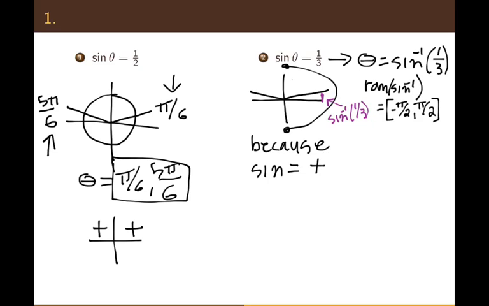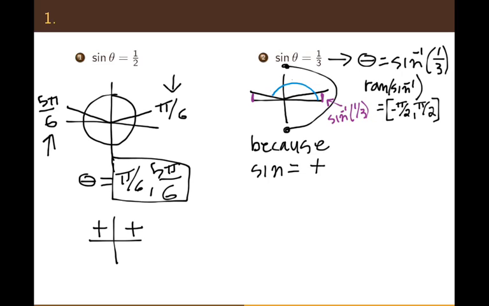Now how do we figure out the solution in the second quadrant right here? Something I notice is that this little angle here is the same angle that's in the first quadrant, so that little angle is also sine inverse of 1/3.